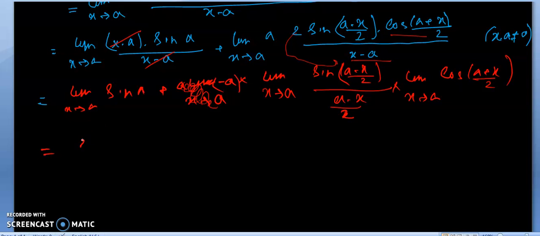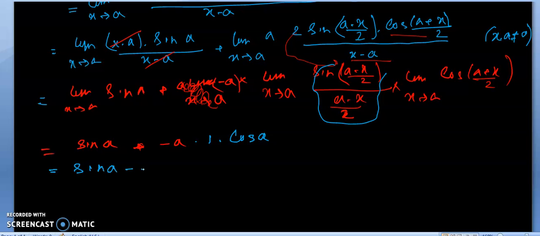So this part will be sin a, plus minus a, and this part will be 1, the value of sin(x minus a)/2 over (x minus a)/2 is 1, and this part, if you put x equals a, is cos(2a/2), that means cos a. Therefore the answer is sin a minus a cos a.